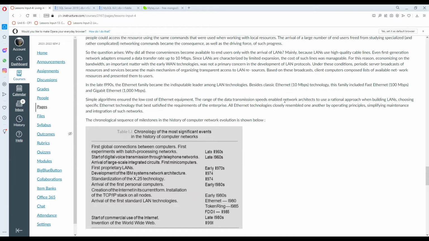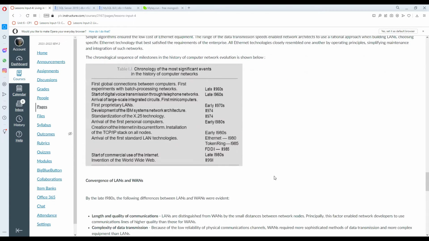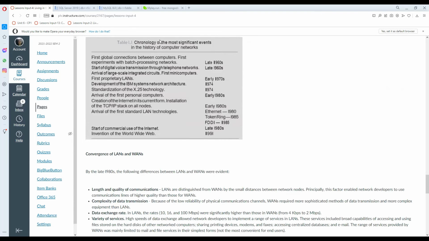The range of data transmission speeds enabled network architects to use a rational approach when building LANs, choosing the specific Ethernet technology that best satisfies the requirements of the enterprise. All Ethernet technologies closely resemble one another by operating principles, simplifying maintenance and integration of such networks. So we have here the chronological history of the most significant events in computer networks.